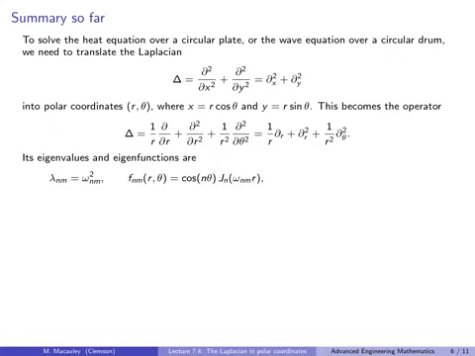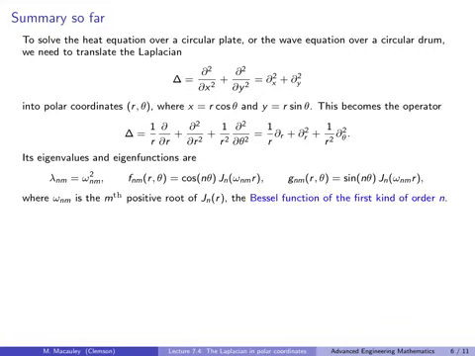So we'll call the first one f_nm of r and theta, which is cosine n theta times J_n of omega_nm r. And the second one, we'll call it g_nm of r and theta, which is sine of n theta times J_n of omega_nm r. Once again, omega_nm is the mth positive root of J_n, the Bessel function of the first kind of order n.